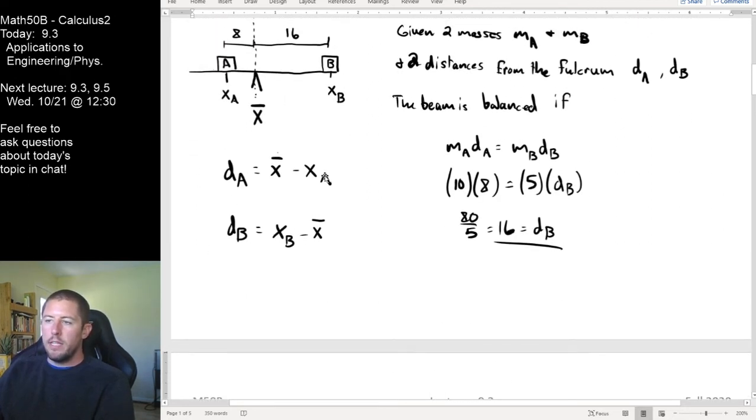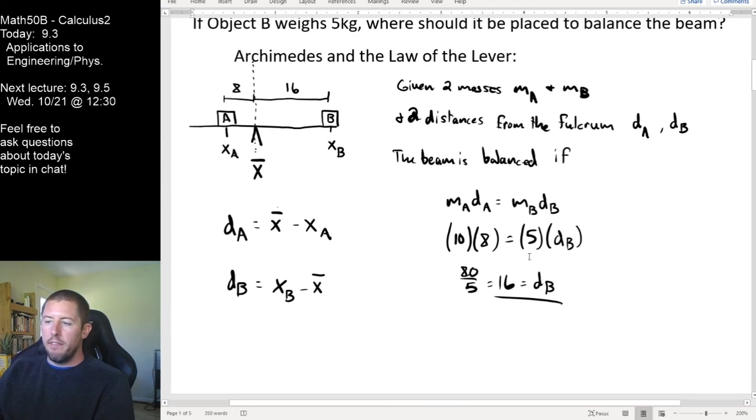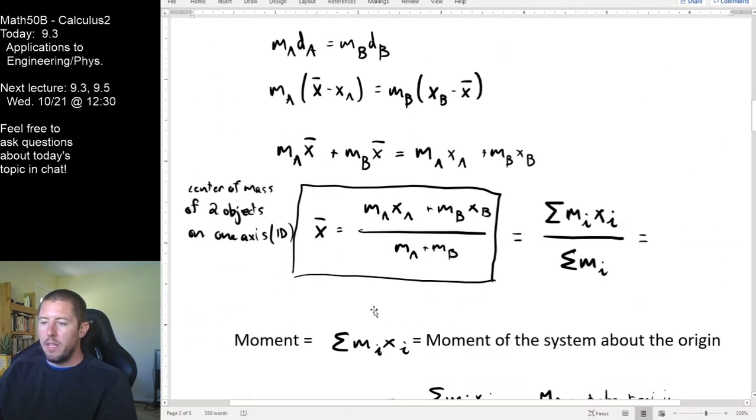Importantly, we reorganized our information. Archimedes' law of the lever is about distances, but we really want to be talking about locations instead, so we marked some values, thinking of this as an x-axis, so that we could rephrase distances in terms of locations that we're going to need for our upcoming computations.